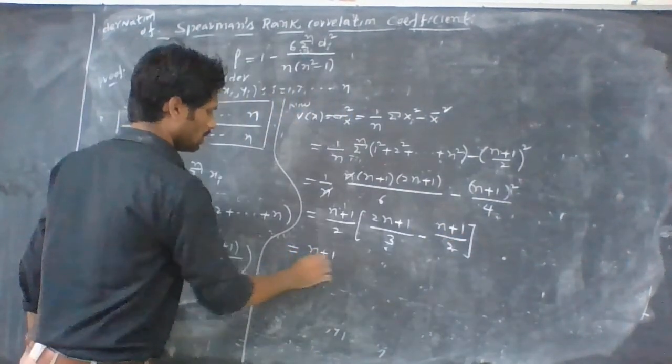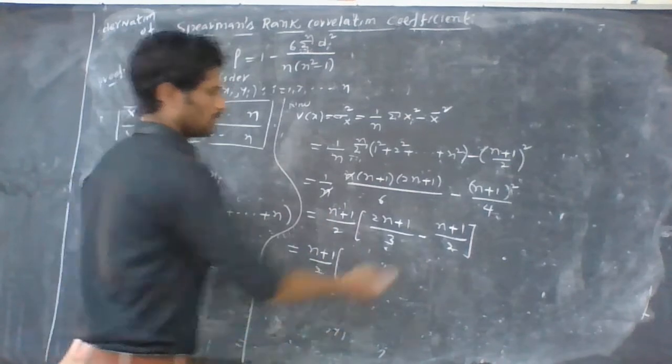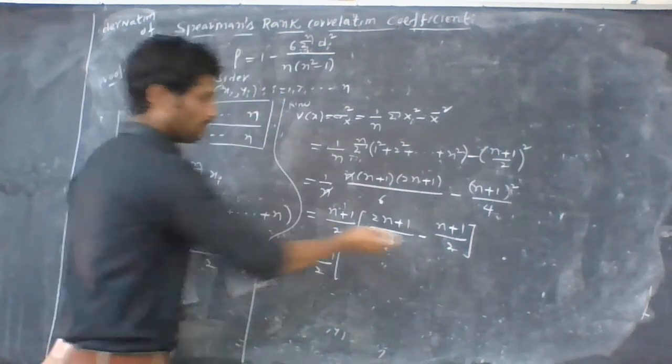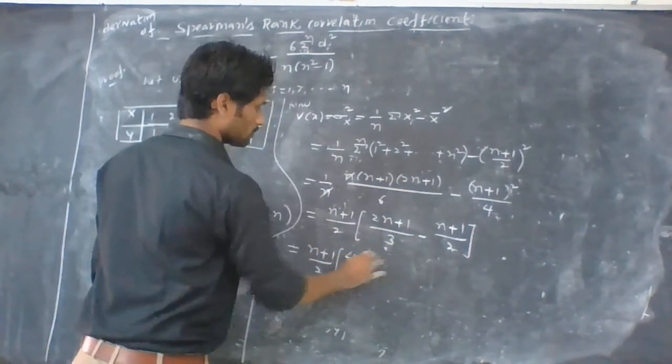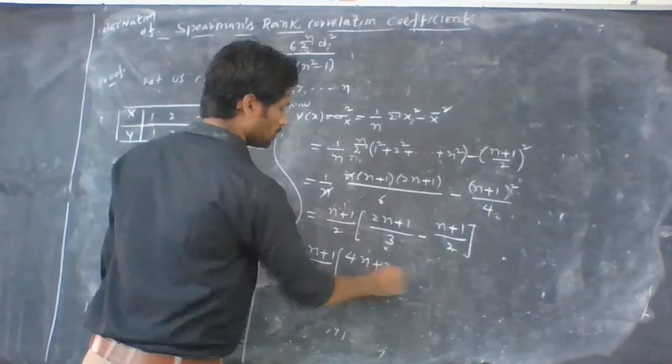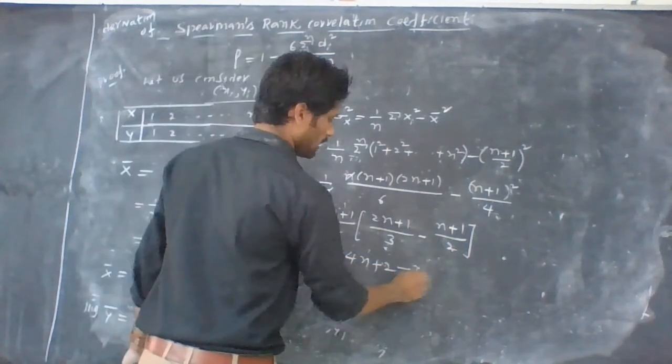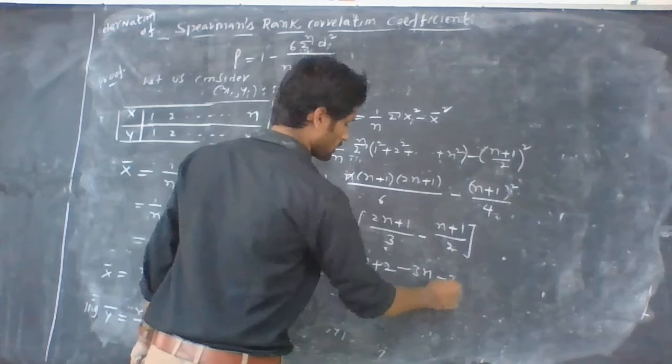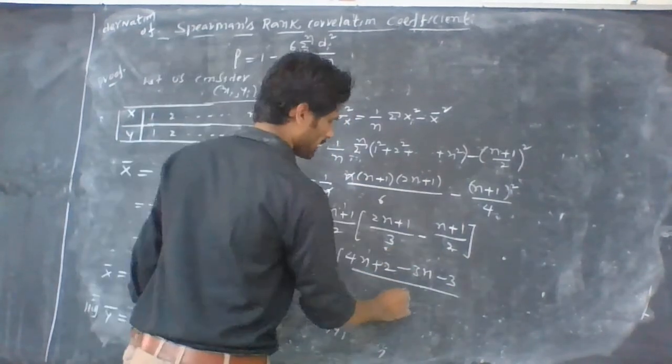minus n plus 1 by 2. So n plus 1 by 2 times, by cross multiplication, 4n plus 2 minus 3n minus 3 by 6.